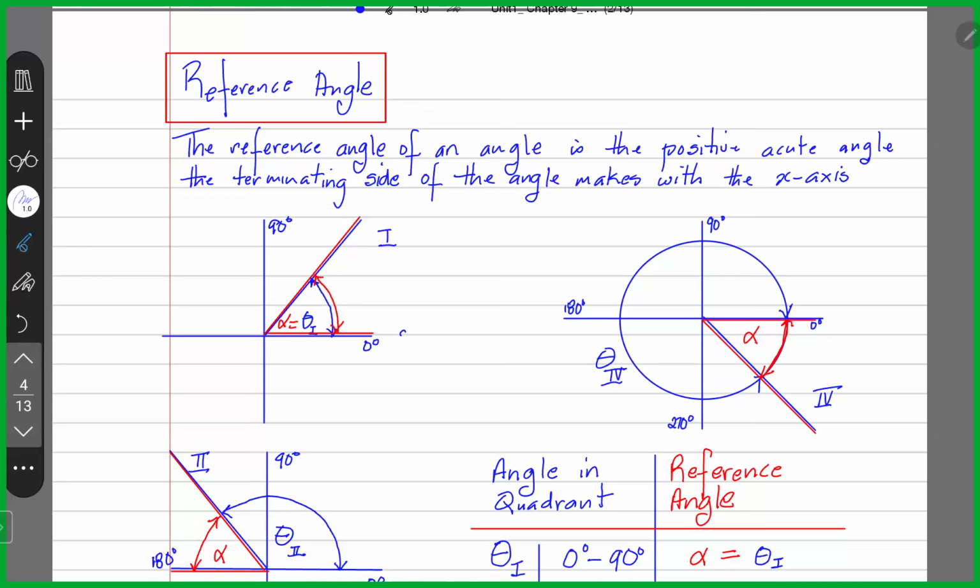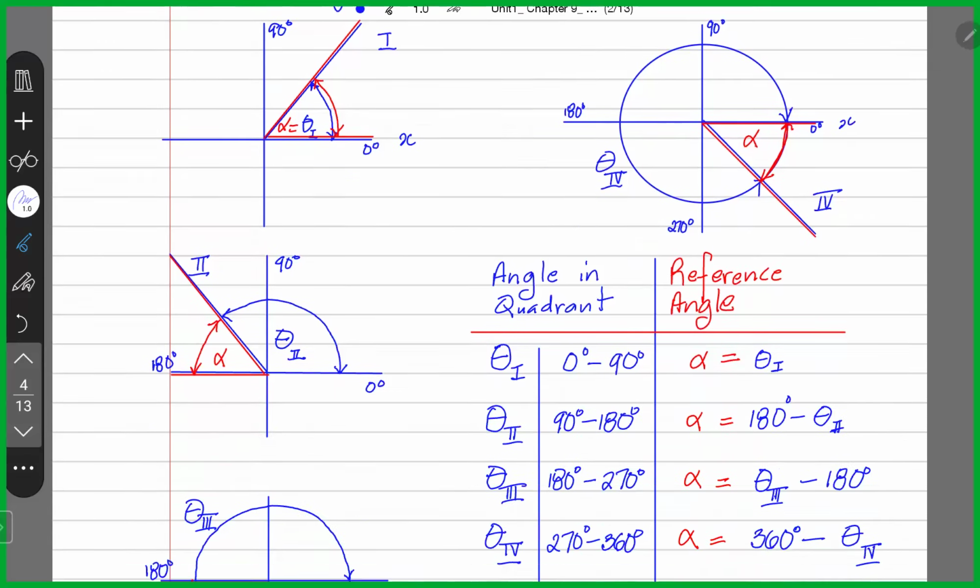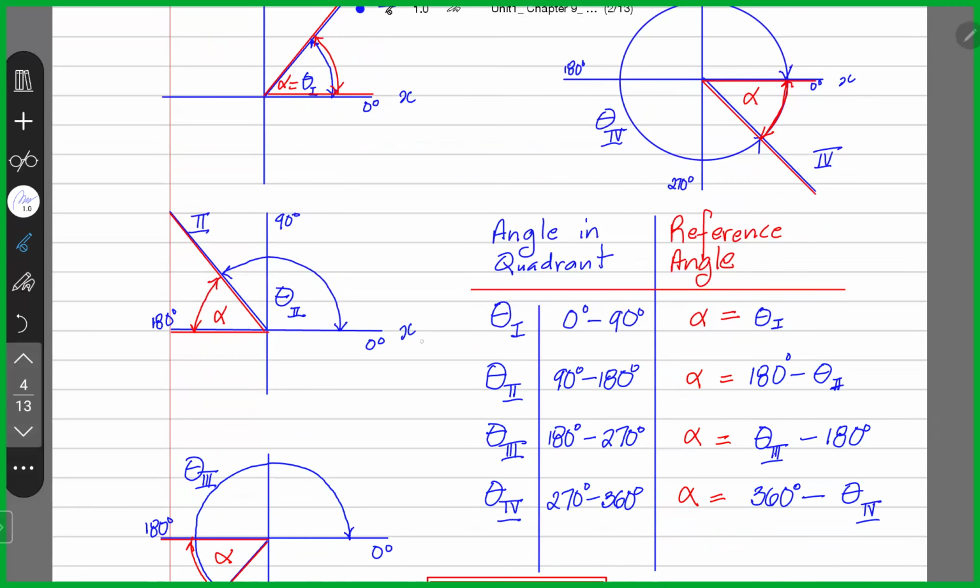So this is the x-axis that they're talking about.